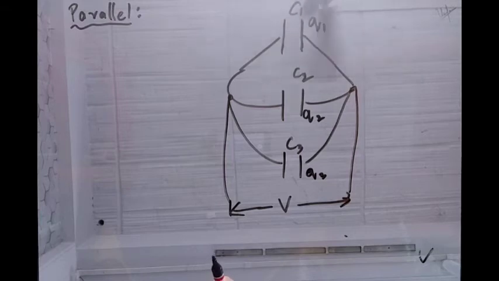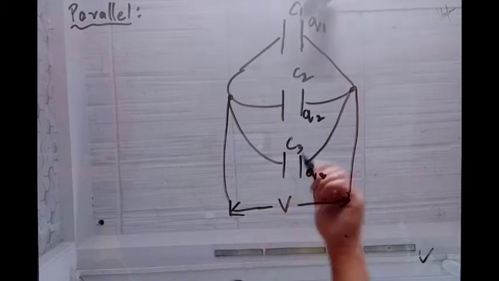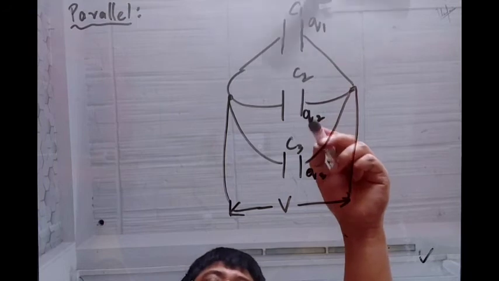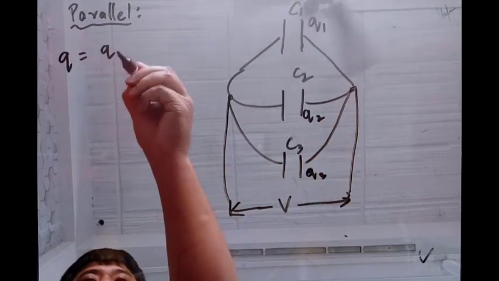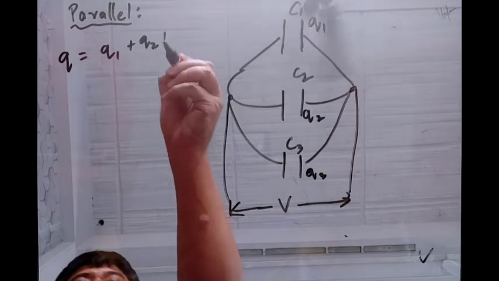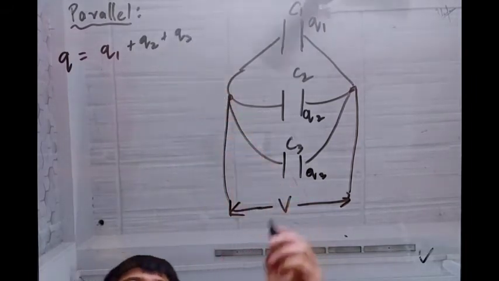The total charge on the combination is Q, so we can write Q equals Q1 plus Q2 plus Q3.